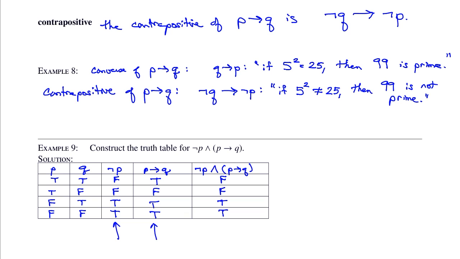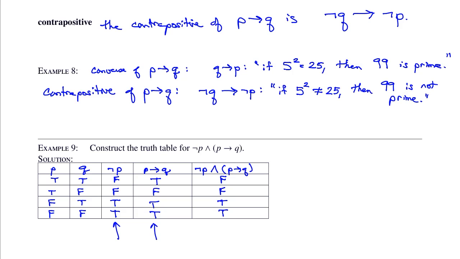Okay? Now, ignoring all this, we built up not P. So not P is the opposite of P. So each of these negate over to this one. So true becomes false. Ignore the Q, right? Just ignore the Q for a second. True becomes false, true becomes false, false becomes true, false becomes true. Okay?